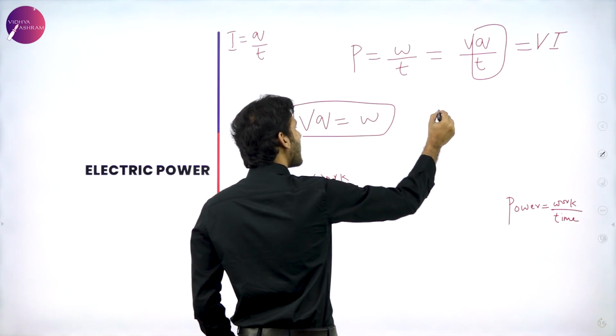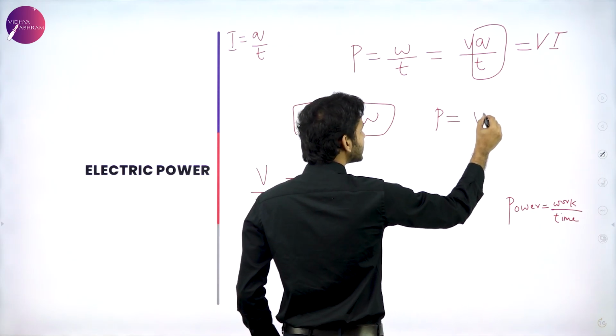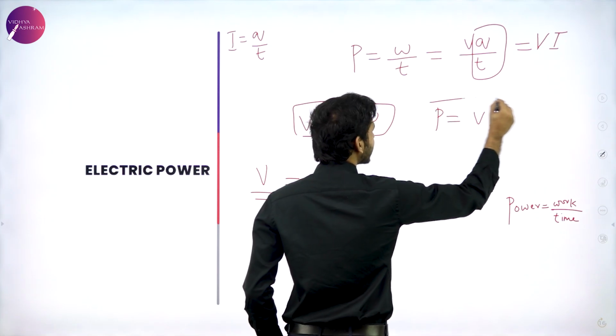That is, power is equal to voltage times current.